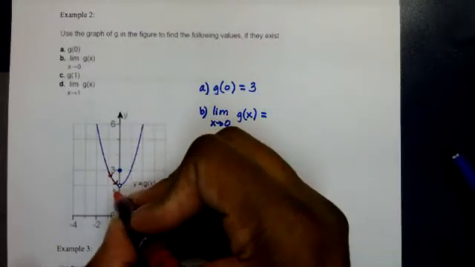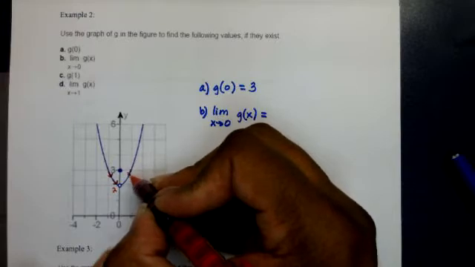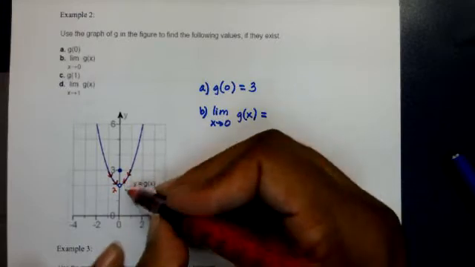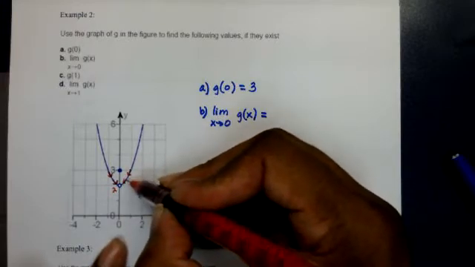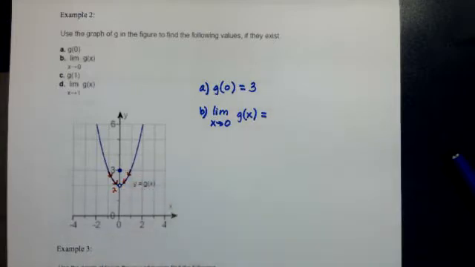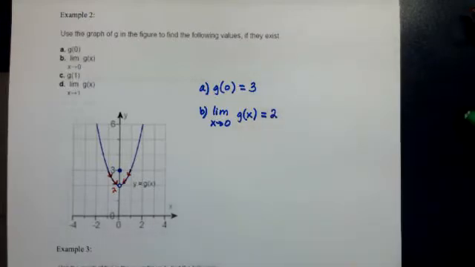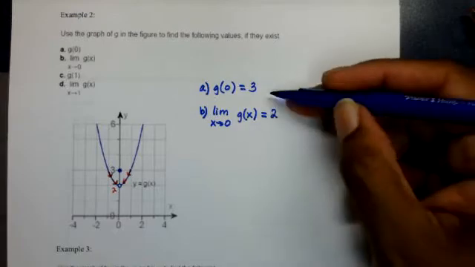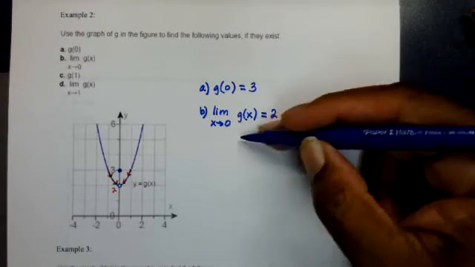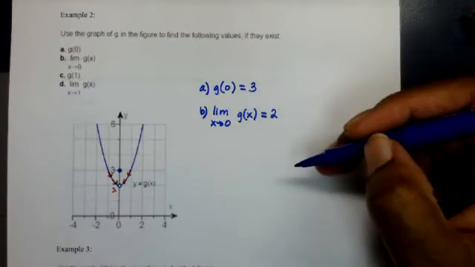It's getting closer and closer to 2 from the left. And from the right of 0, the value of y equals g of x gets closer and closer to 2 as well. So the limit as x approaches 0 of g of x equals 2. You can see again that the limit as x approaches 0 of g of x and g of 0 are not the same.